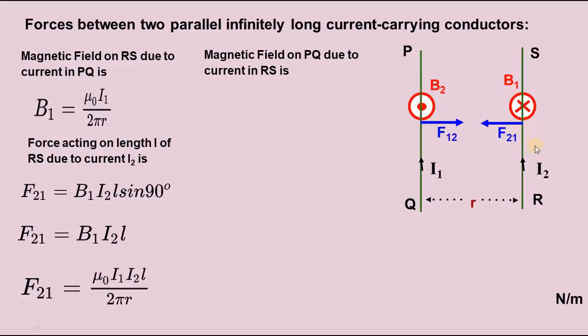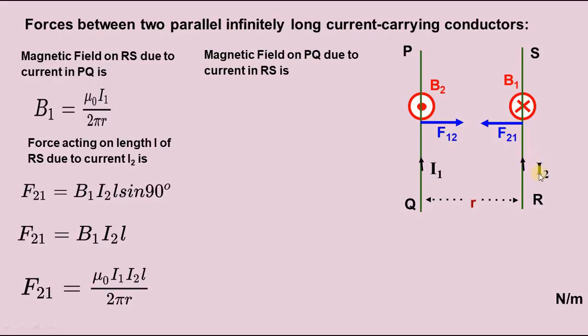Similarly, the conductor RS carries a current I2. This will produce a magnetic field around it. Hence, the conductor PQ is inside the magnetic field produced by the current I2.